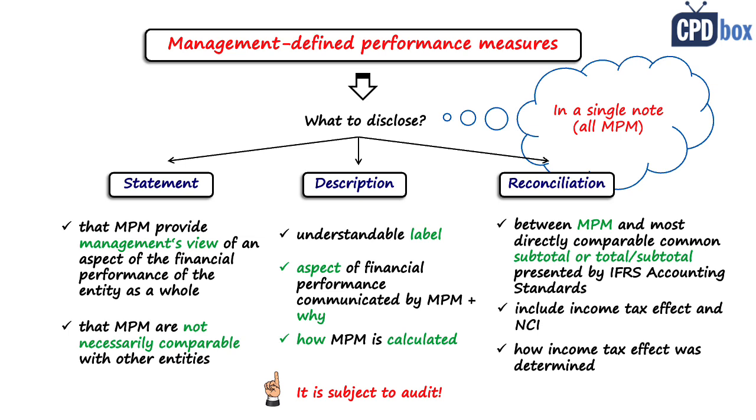So maybe it would be good to reconsider what management officially communicates outside financial statements and whether this communication meets the criteria for management-defined performance measures that you need to report in the notes.